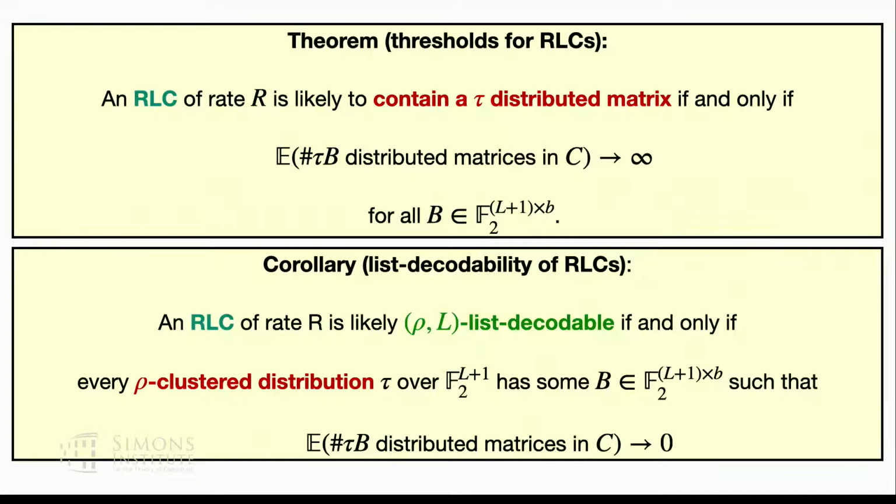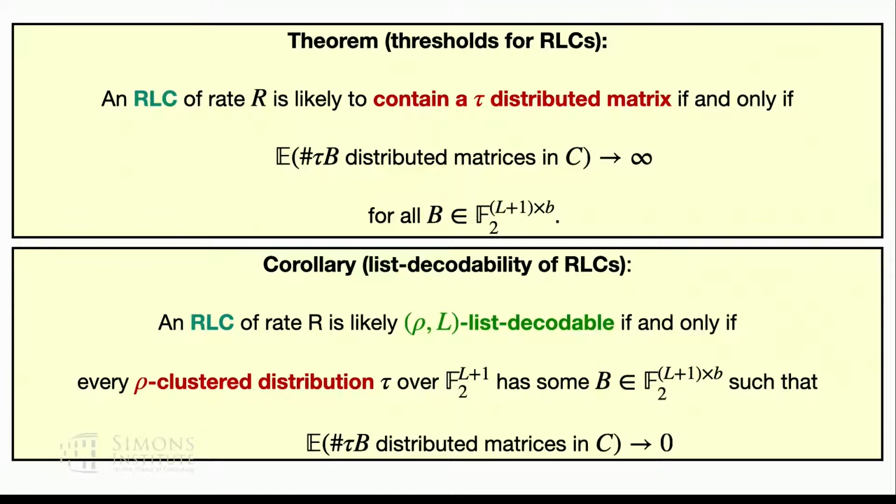I'm reminding you that the original motivation for studying all of this was research intended to explore list decodability of random linear codes. I was concerned that maybe computing the expectations of the taus is not enough, and then we have this corollary that tells us what is enough.